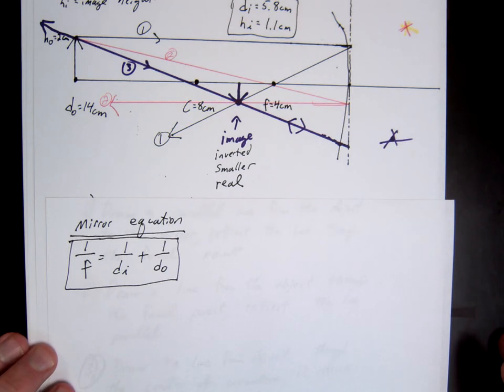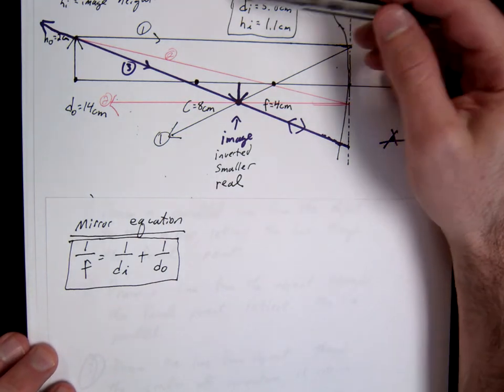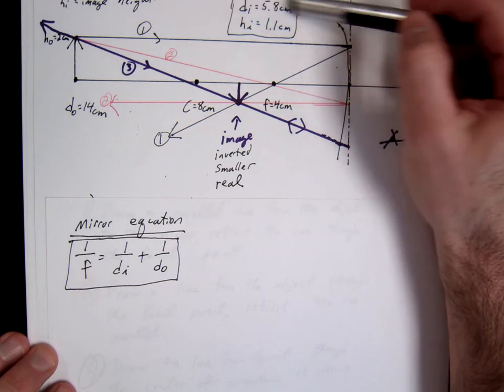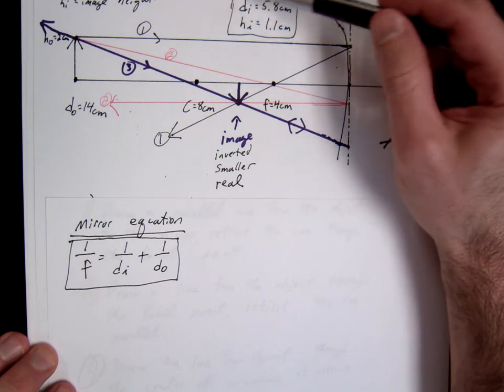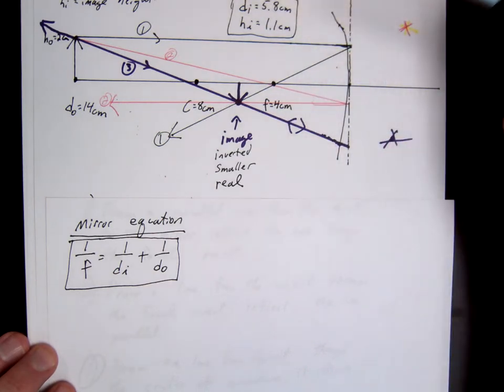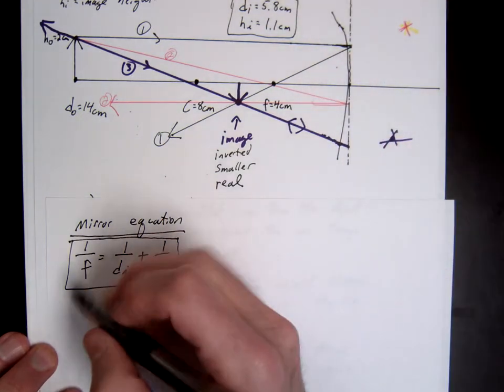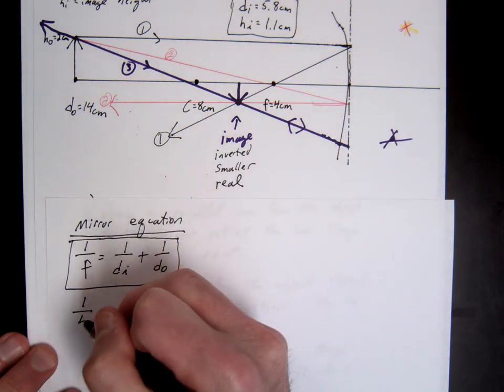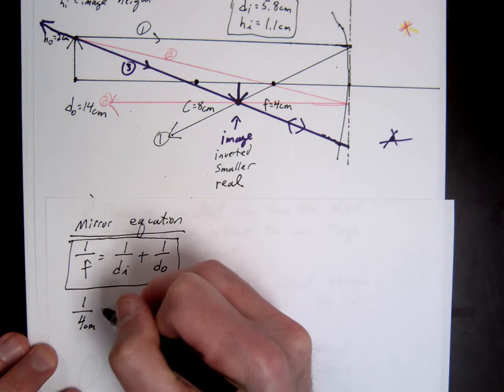Okay, so when I made my measurement, I got 5.8. Let's see if I drew this perfect, what I should have got. So we'll call this our experimental image distance. Let's see what our theoretical should have been. So what we're going to do is we're going to plug in the actual givens. So I gave you 4 centimeters for your focal length.